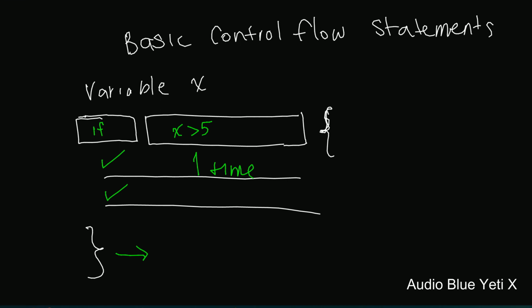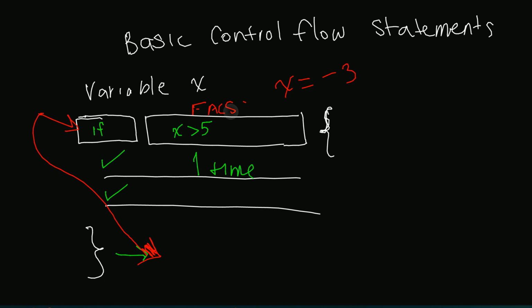So let's say we get to our if statement, and let's say X equals -3. When we get to this line, our program execution is going to jump here, because this is only this, that means that this became false. So that's the beauty of our if statement.